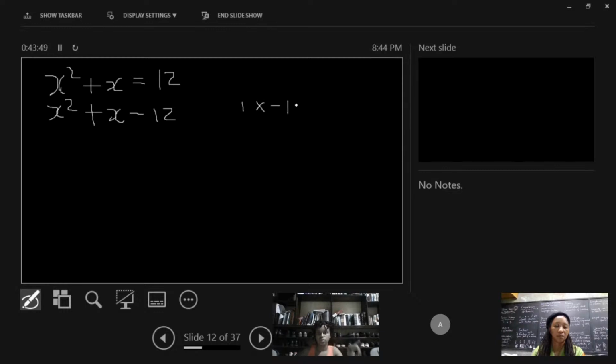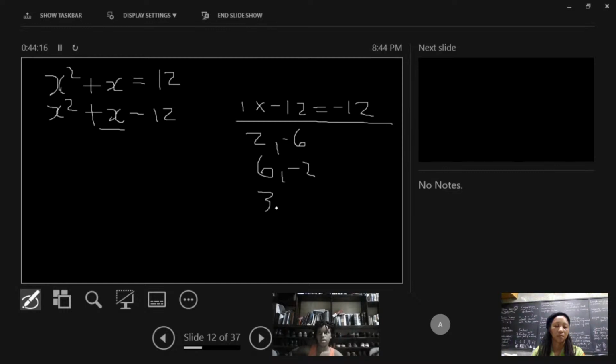And the factors of negative 12 are 2 and negative 6, 6 and negative 2, 3 and negative 4, and 4 and negative 3. So, Miss, the pair that would give us positive 1 is 4 and negative 3. So we're going to put x squared plus 4x minus 3x minus 12.